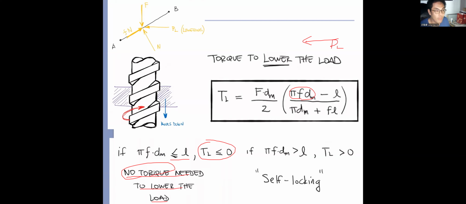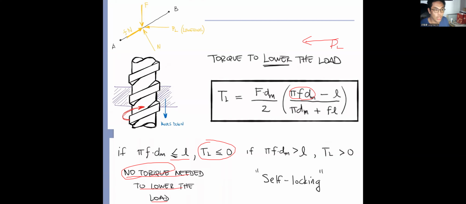That means even with the nut component on the screw thread, when we just release the nut, it will move down automatically and freely, because TL is less than or equal to 0. And if pi f dm is greater than L, that means TL is greater than 0.